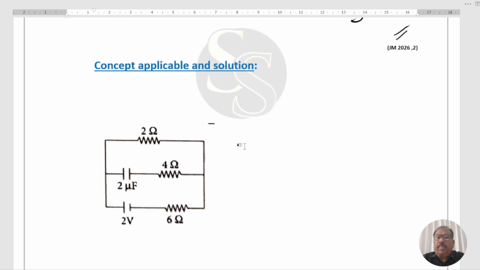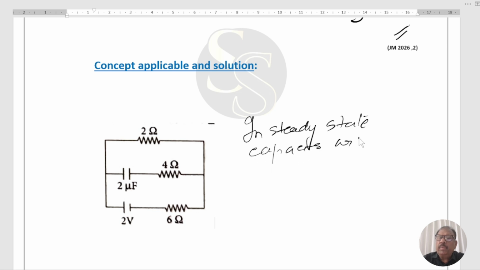Now, the concept applicable in steady state: the capacitor will behave as an open circuit.